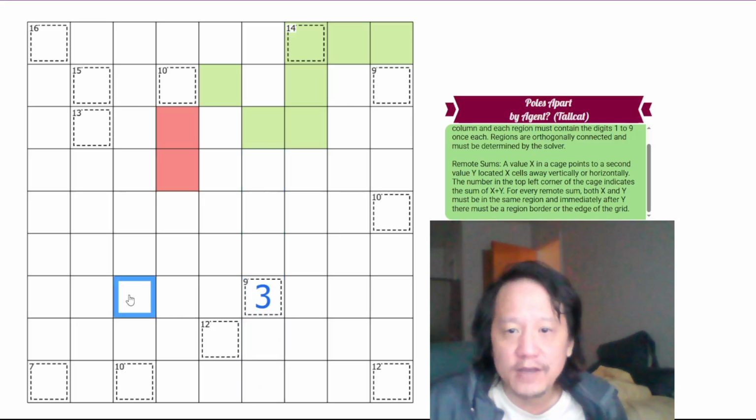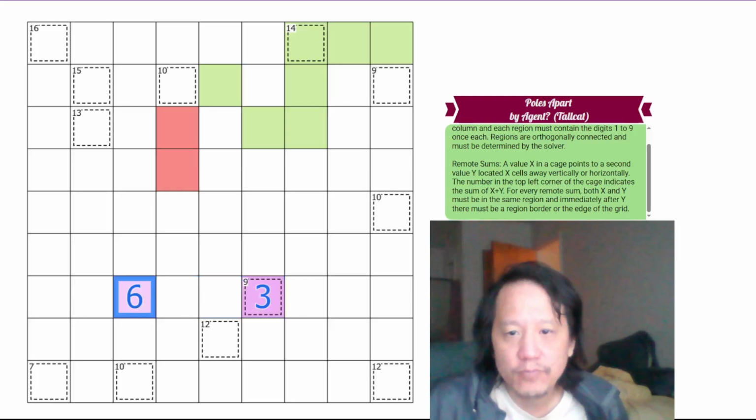And it would have to have a y, which adds up to the number in the top left corner of the cage. So it would have to be 6, right? It would also have to be part of the same region. So say this was pink, and say it went this way. It would have to have a pink here if it went this way.